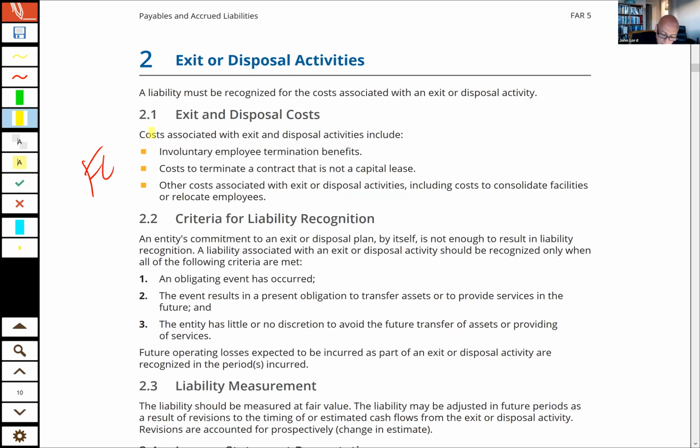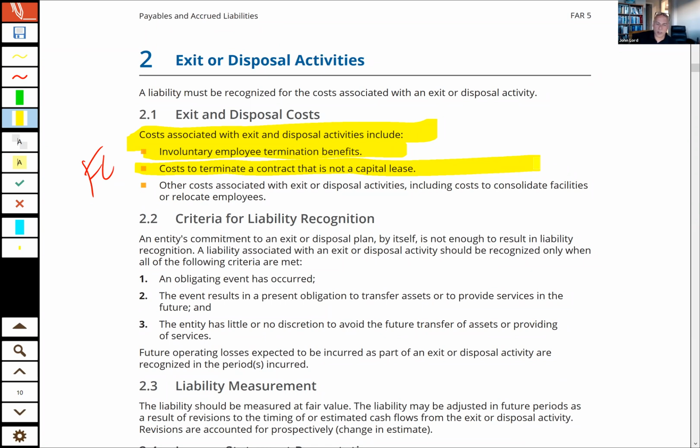These are examples. Costs associated with exit activities include involuntary employee termination benefits. If I let my employees go, I got to pay them an amount to terminate them. Also the cost to terminate a contract that is not a capital lease. We're going to talk about capital leases next time. But again, I'm talking about, say, a one-year rental agreement.